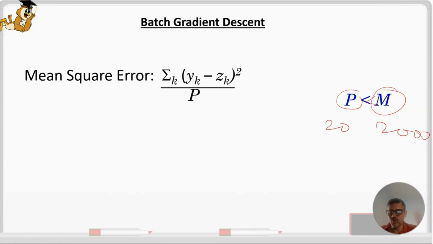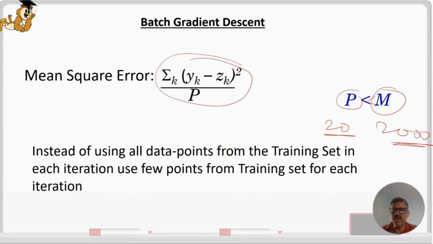Not 1. If you were doing 1, that would be stochastic gradient, and you average the mean square error. You compute the mean over only p points. So instead of doing 2000 computations in every iteration, you're doing 20. You're being a little bit more conservative, but you are probably not going to swing as dramatically as you were swinging in the stochastic gradient descent from one iteration to another.